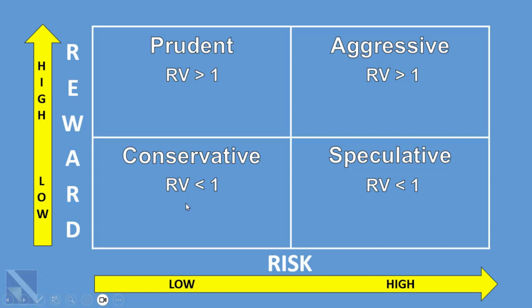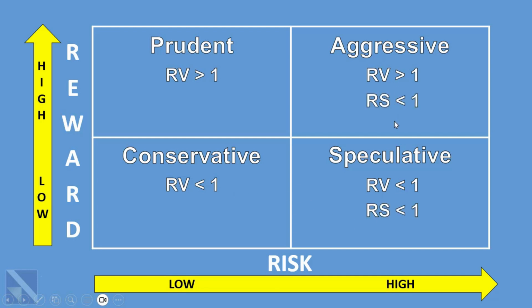Stocks that have low upside potential will typically have RV scores less than 1. And we're generalizing here. Let's not be overly scrupulous. If the RV score is at 0.99 or 0.98, that doesn't necessarily mean that it's a conservative stock.